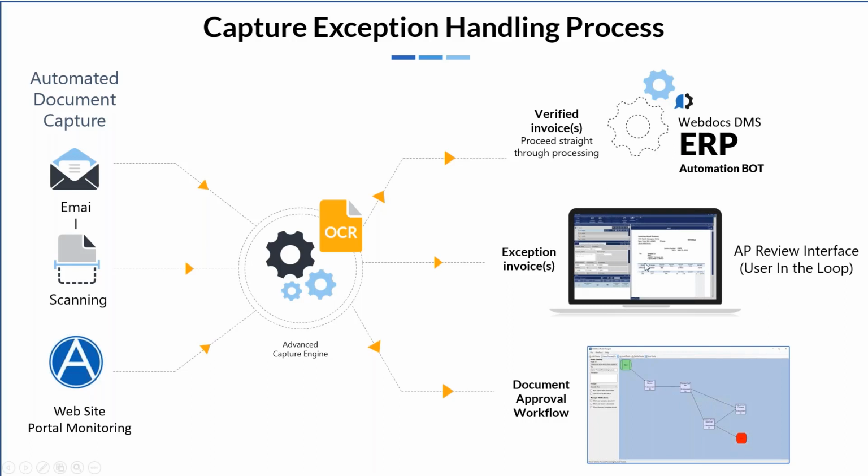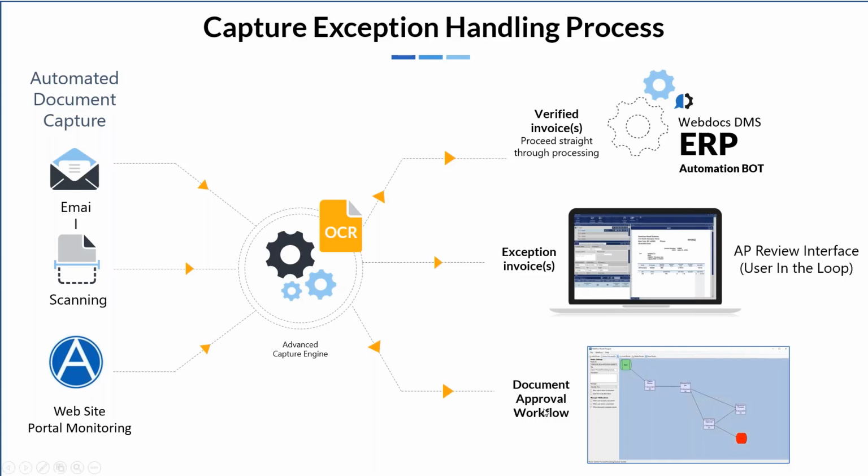The process that we'll be showing here shortly is what we call the exception document during the capture process. So being able to flag those if they break a business rule or couldn't extract a certain level of data that was required off of it, and we give what we call a user in the loop interface for those different kinds of documents that are in that process.